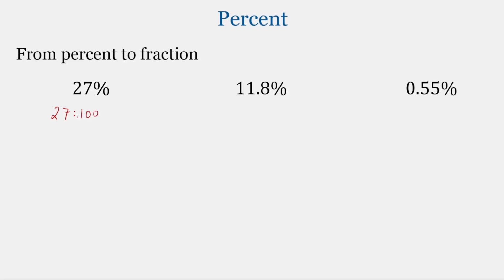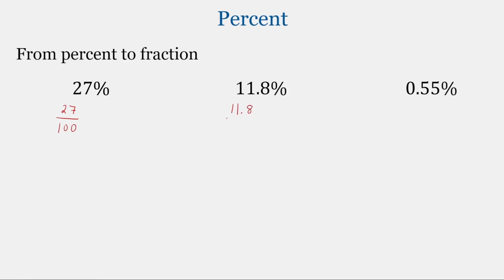But we can also write ratios as fractions. And as a fraction, this is 27 over 100. So 27 hundredths.